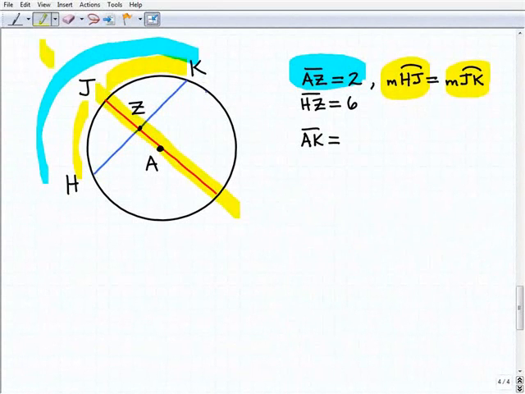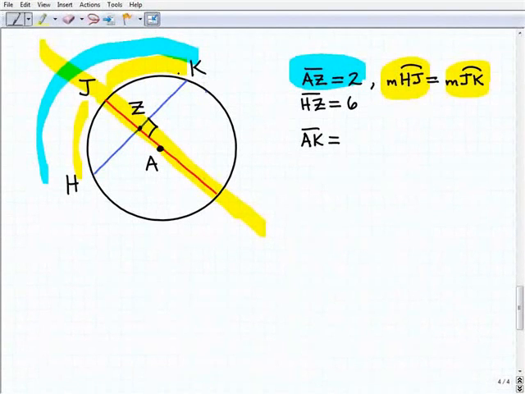Let's think about that for a second. If HJ is congruent to JK, that means it was bisected by this entire diameter. And that can only happen if the diameter is perpendicular to this chord right here.